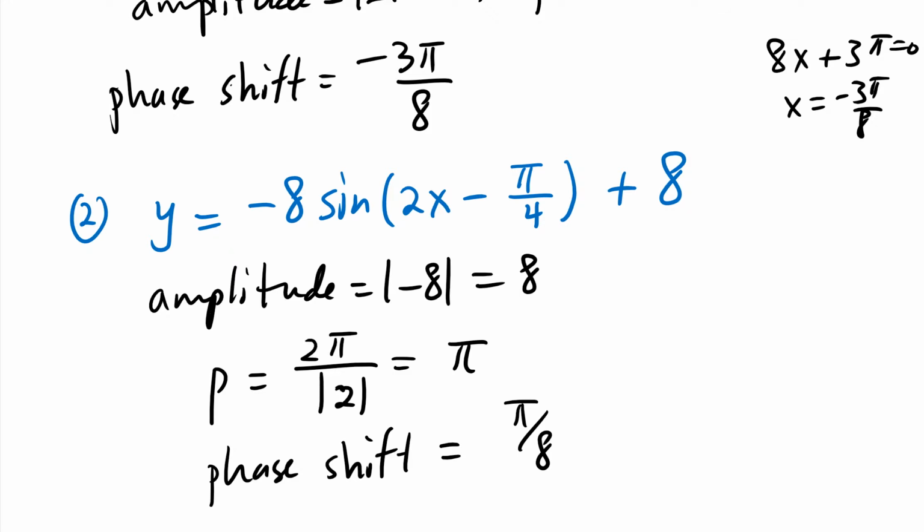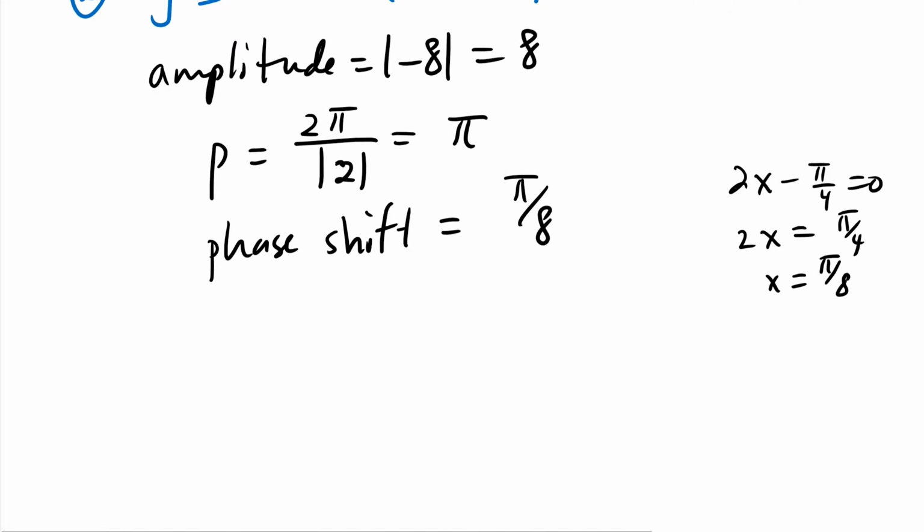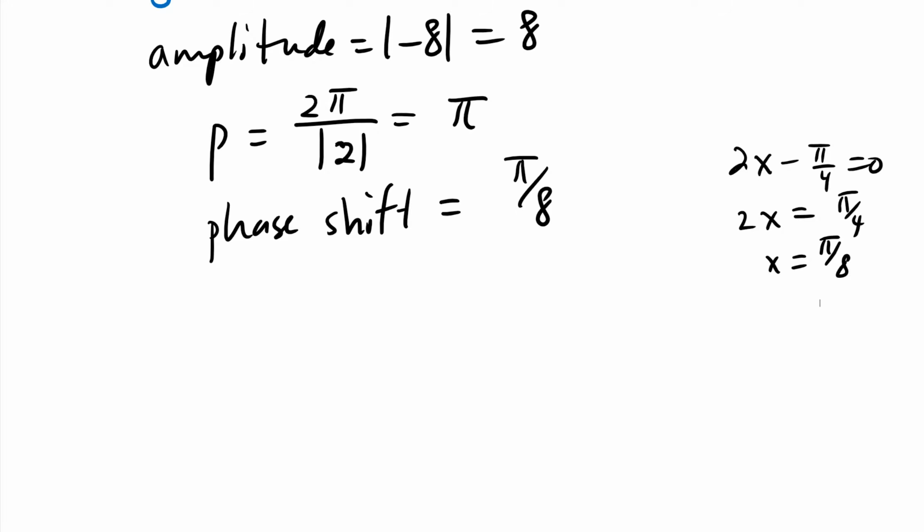It's like you solve this equal to 0. 2x equals pi over 4. If you divide both sides by 2, the 4 becomes 8. Now, I'll come back to the grading.